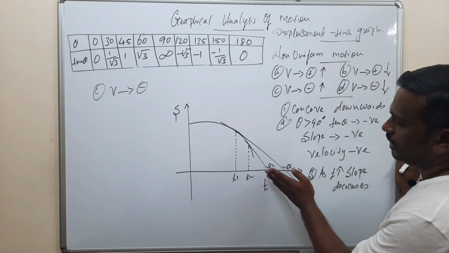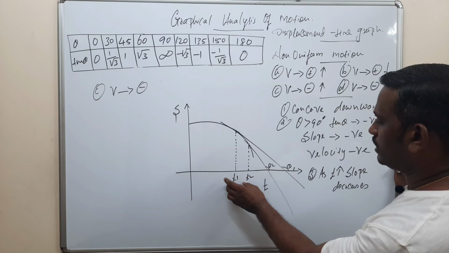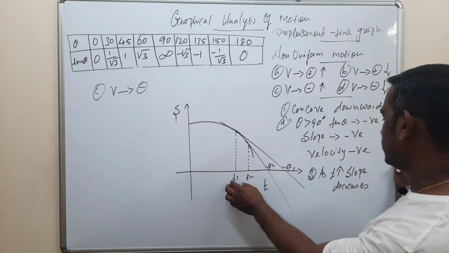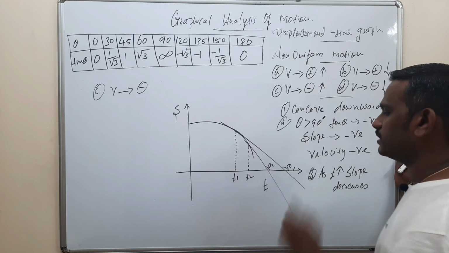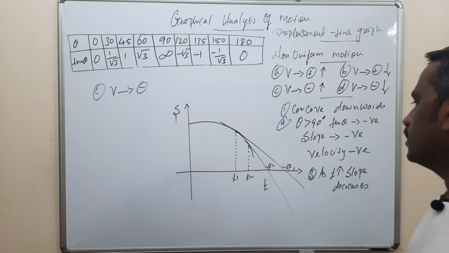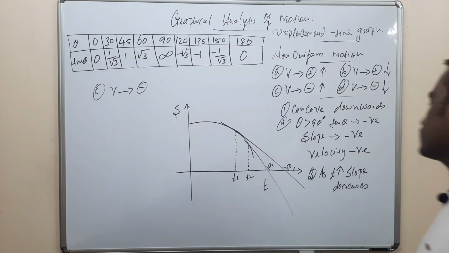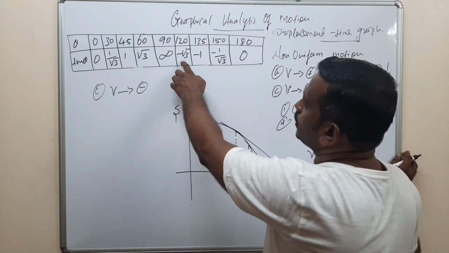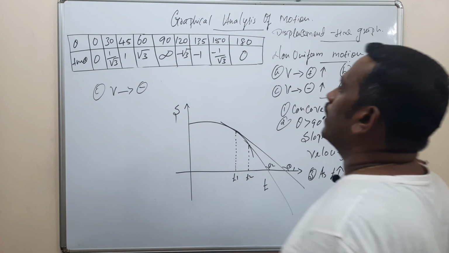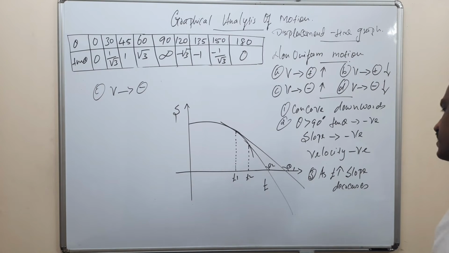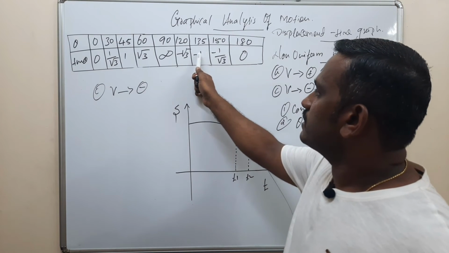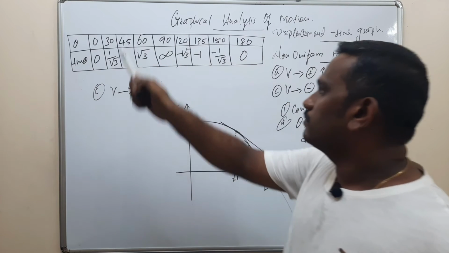So look at the graph. The slope of the tangent at T1 is greater than the slope of the tangent at T2. So this line is steeper. So slope decreases. On the negative side, if the angle value decreases, it means tan theta value increases.